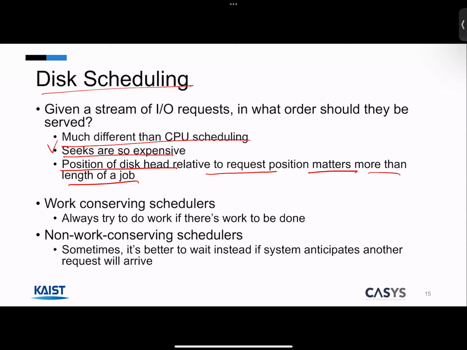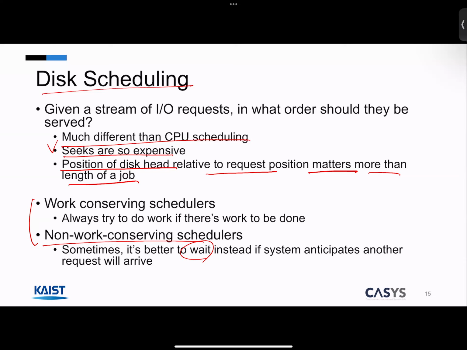So there are several disk scheduling algorithms, but let's not talk about the algorithms themselves. You just have to understand that your device can internally manipulate IO operations. For that, there are two possible schedulers we can implement. One is work conserving: when your disk request comes, it goes to the disk scheduler and executes. However, there is also a non-work conserving scheduler. It sometimes has to wait, even if a request comes to the device and it could immediately fetch data from the hard disk.